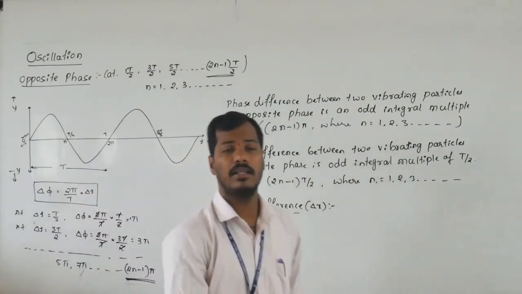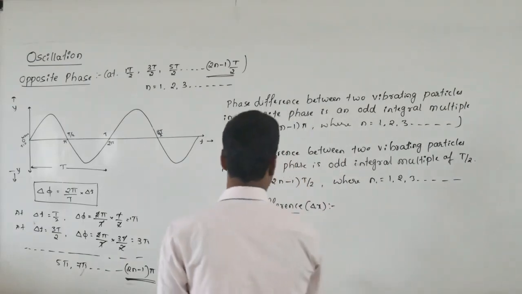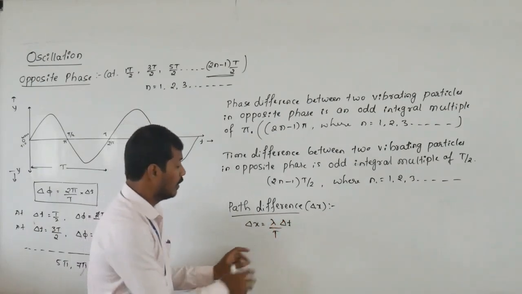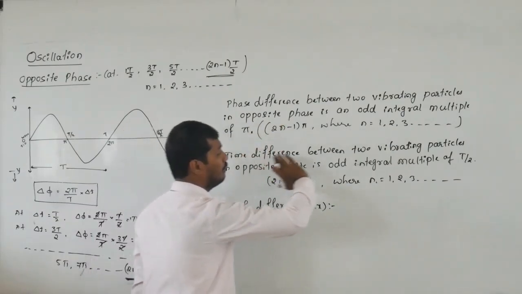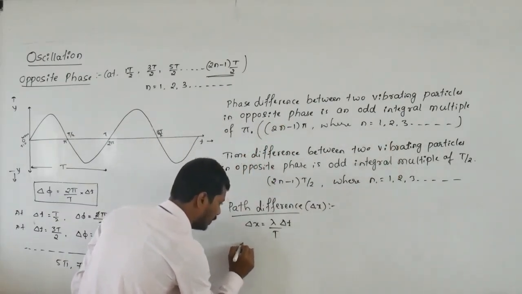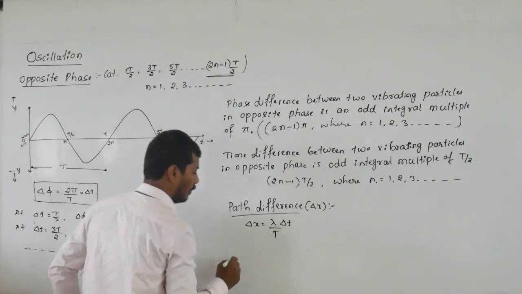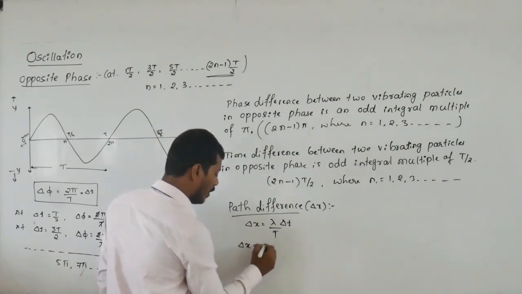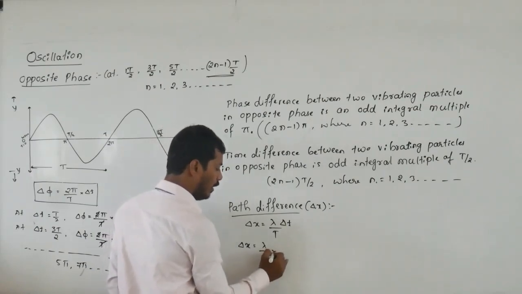Now calculating the path difference, delta t is equal to T by 2, the same condition of the time period. Delta x corresponds to T by 2, 3T by 2, 5T by 2, and so on. First condition: delta x is equal to lambda divided by T into T by 2.